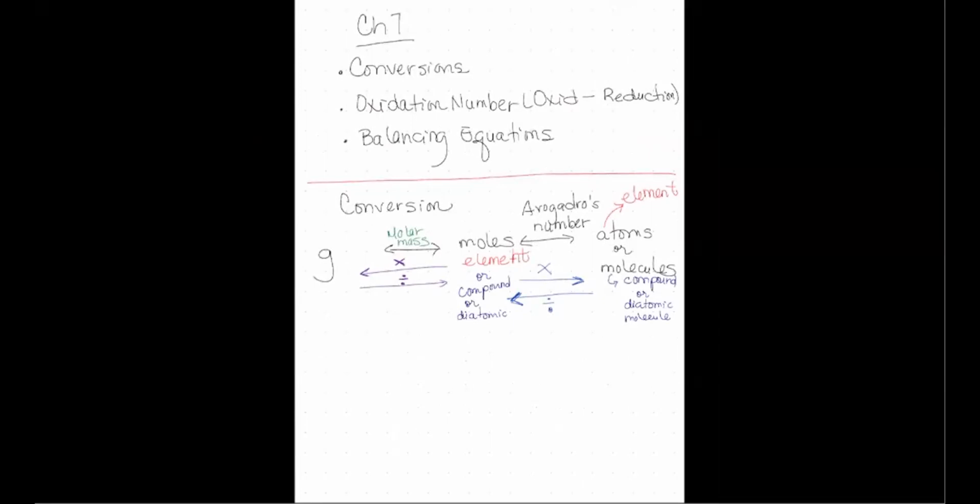When it comes to balancing equations, you guys, the main thing that you have to remember is that you want the same number of atoms on either side. So you have to be conscious. We can practice. I have some problems in balancing equations. Let's do balancing equations before oxidation numbers.